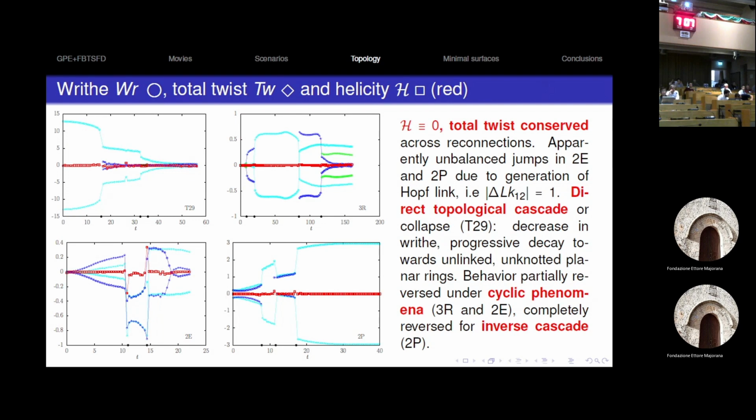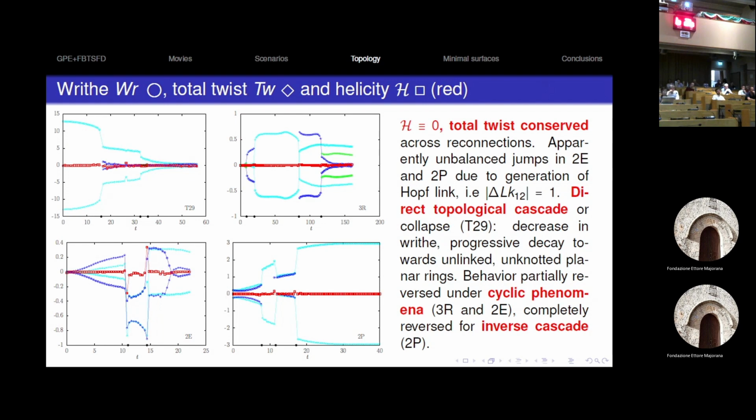So we found a confirmation of what you showed this morning, and there is a progressive decay of writhe, which is a signature of relaxation.